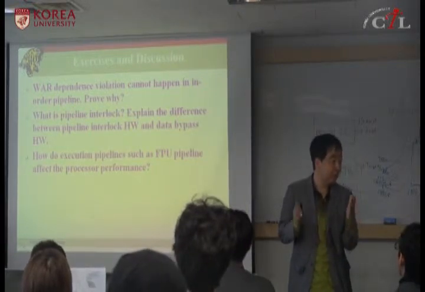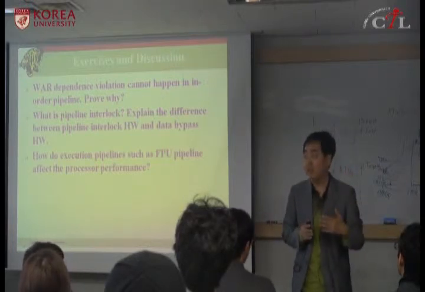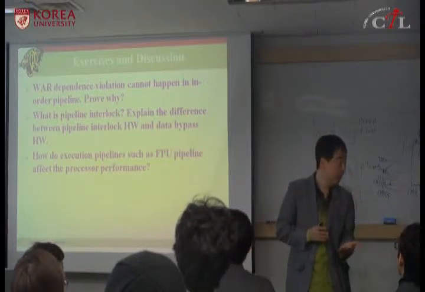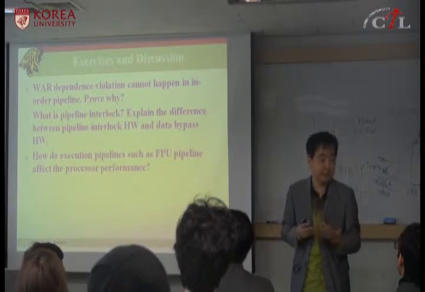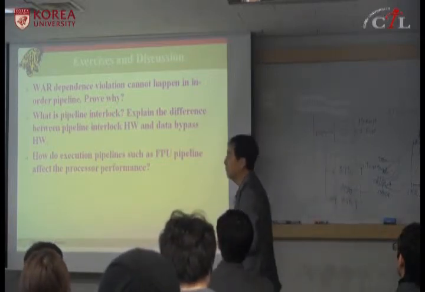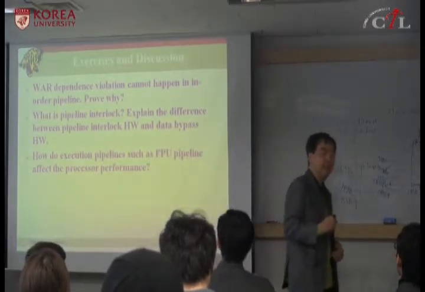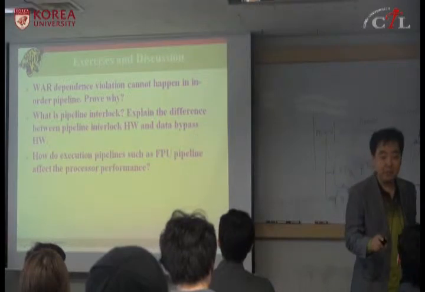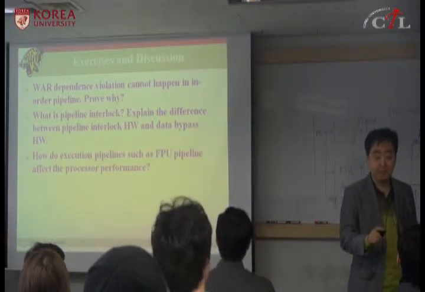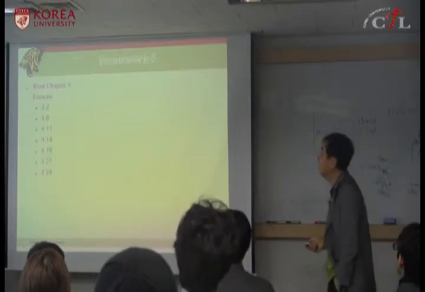The solution is you can pipeline the floating point unit, or you can install an additional floating point unit, right? But usually pipelining is cheaper, okay? That's the floating point pipeline. If you look at the processor specification, they say explicitly whether this floating point unit is pipelined or not pipelined. And then you know what it means, okay?